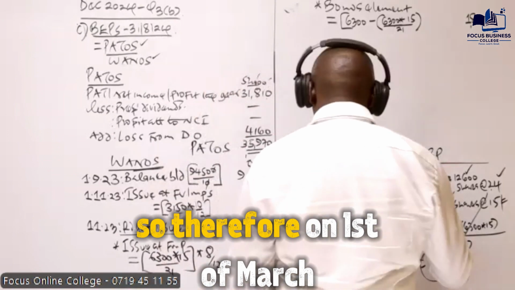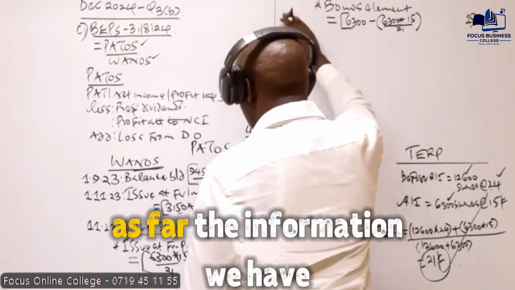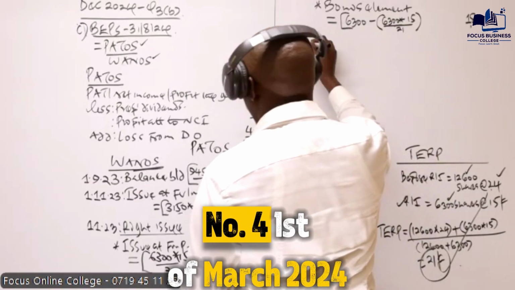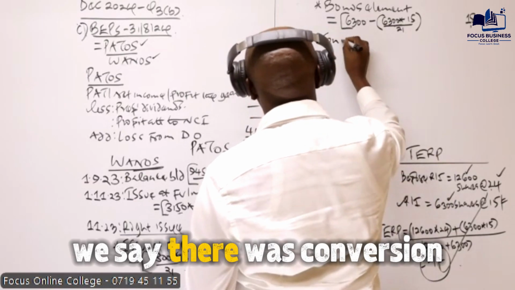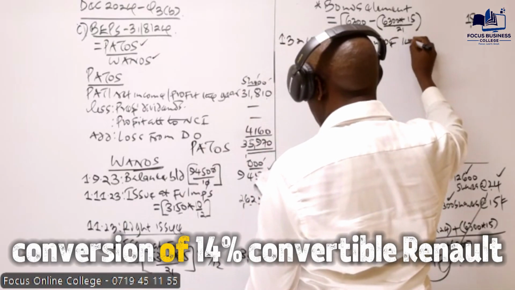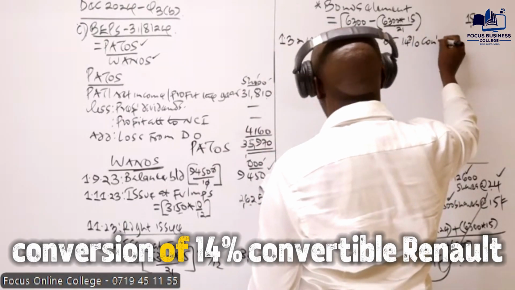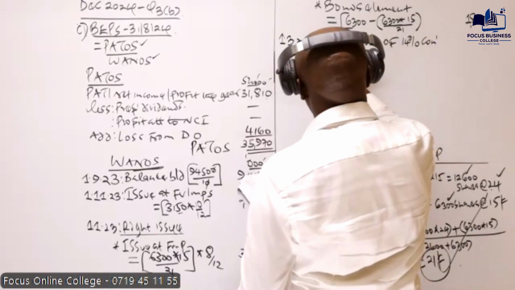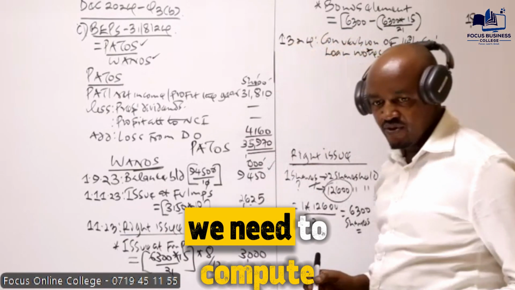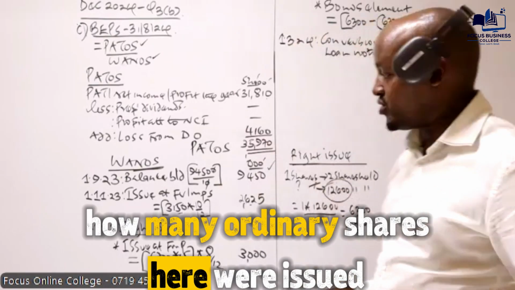So therefore, on 1st of March, as per the information in the last paragraph of point number 4, 1st of March 2024, there was conversion of 14% convertible raw notes. So we need to compute how many ordinary shares were issued on conversion.